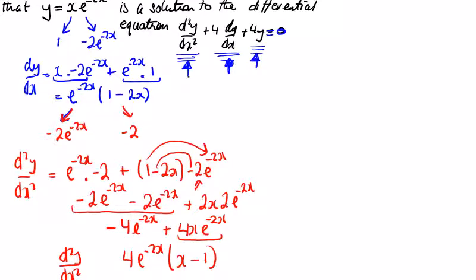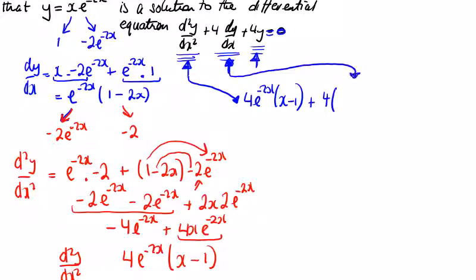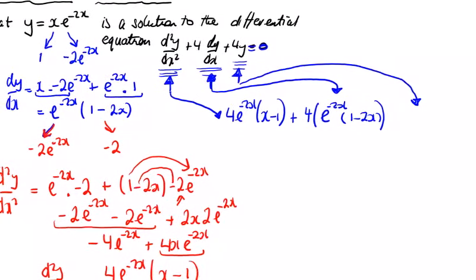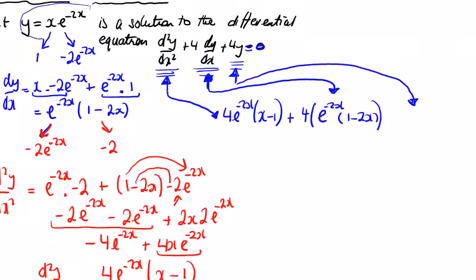So we have, bring this one down here, 4e to the power of minus 2x by x minus 1 plus 4 times dy dx in here, which is e to the power of minus 2x times 1 minus 2x, and the last part is 4 times the original function, which is x e to the power of minus 2x up here.